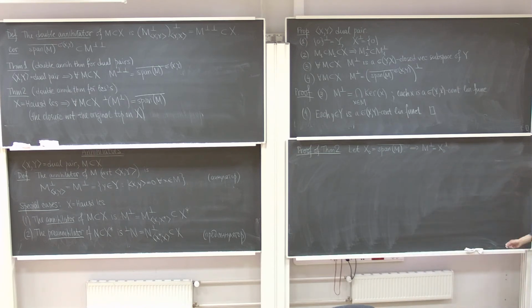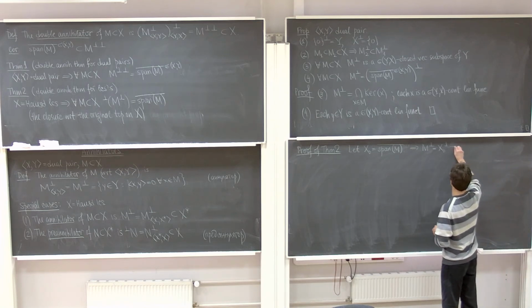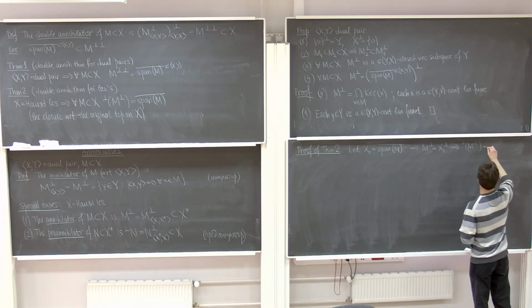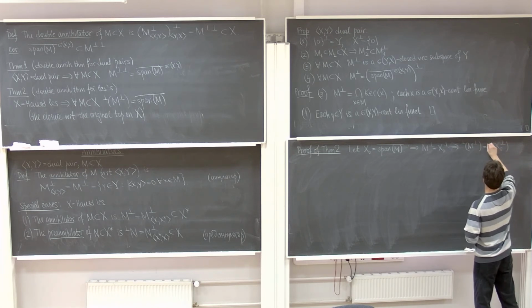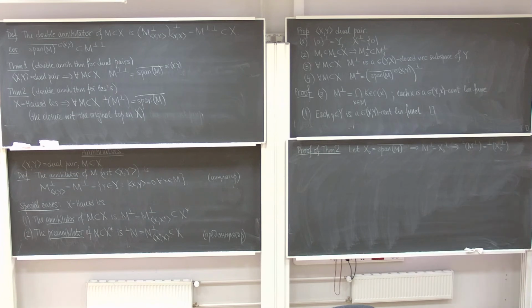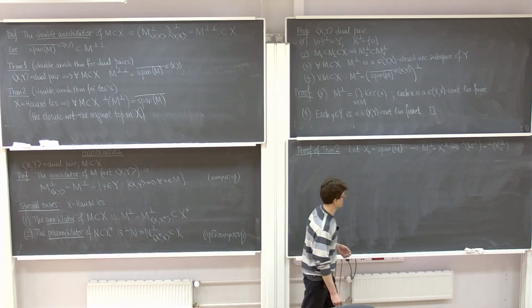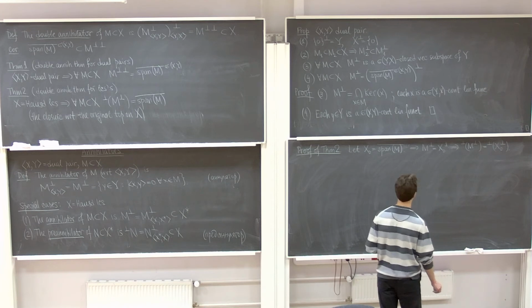Again, if a continuous linear functional vanishes on M, then it vanishes on the closure of the linear span. And so the double annihilator of M equals the double annihilator of X0. So now to prove theorem 2, it suffices to show that X0 equals the double annihilator of X0.